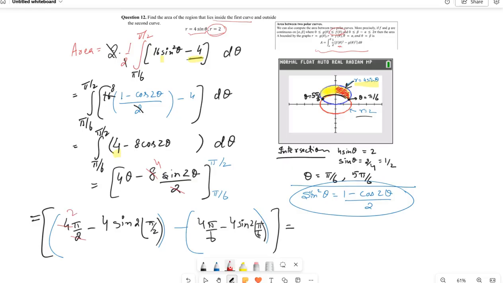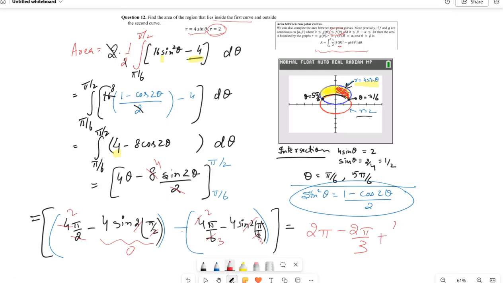This is 2 pi. This term is going to be sine pi, which is going to become 0. Okay, gone. This is minus 2 pi by 3 because of the negative outside. This is sine pi by 3.